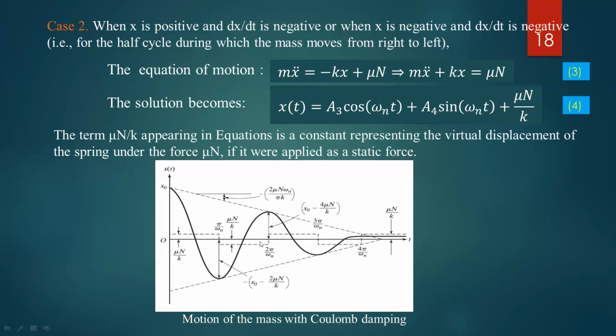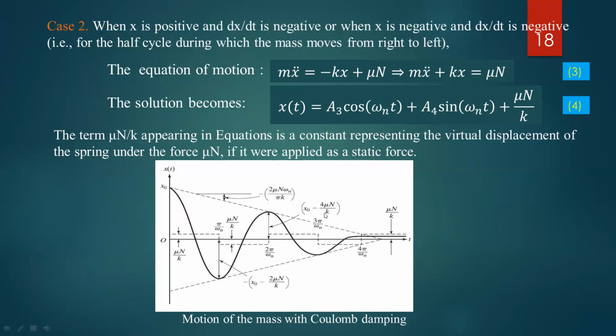Here there is a decrement of mu N over k. Here there is a decrement of mu N over k. So there are 1, 2, 3, and 4. So it is about 4 mu N over k decrement. So this is not a logarithmic decrement. In the previous case, in the free vibration condition, what we observed is a logarithmic decrement.